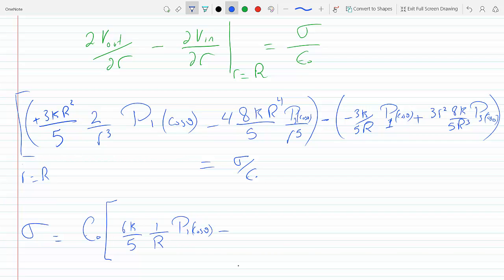You get 1 over r, so you get 32k over 5, 1 over r, P3 cosine theta.